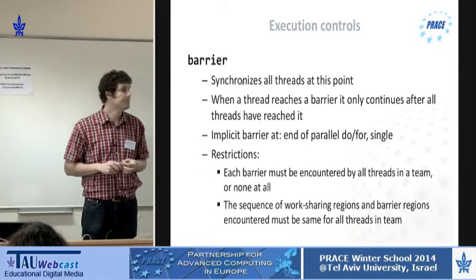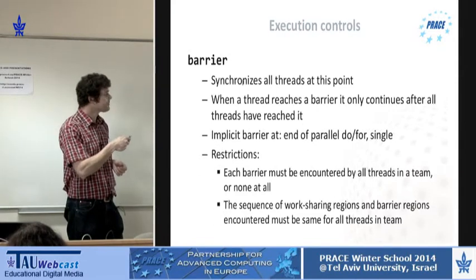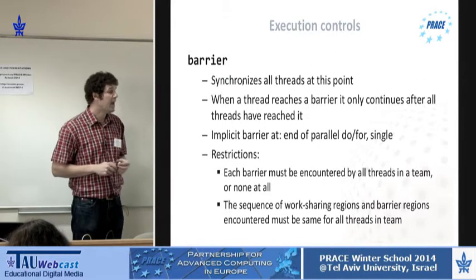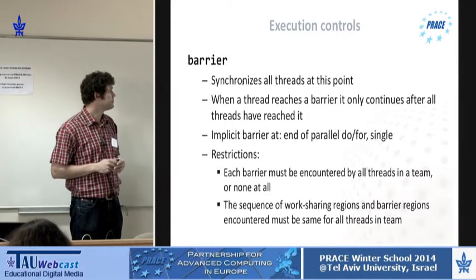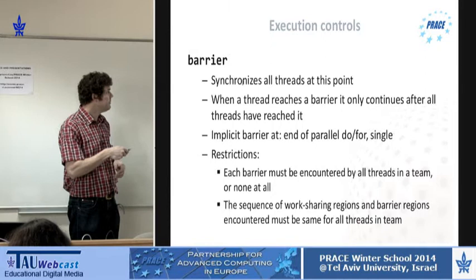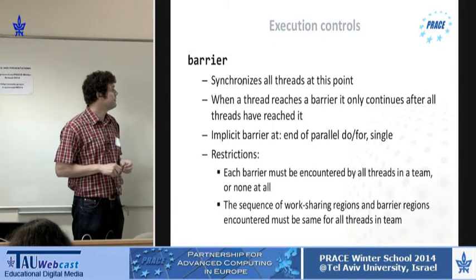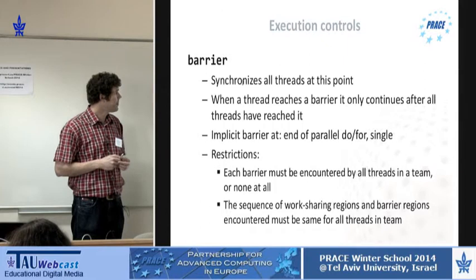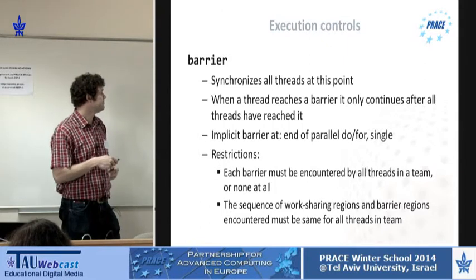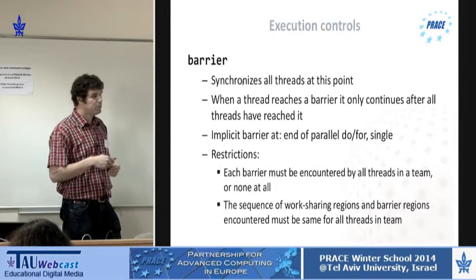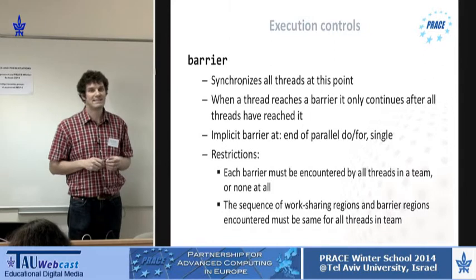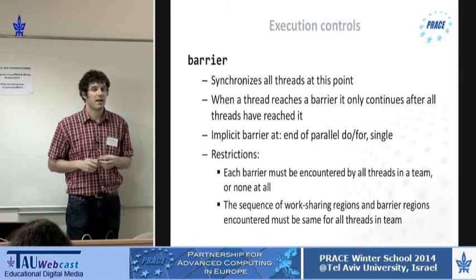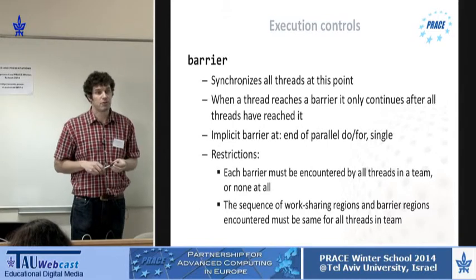In OpenMP, this means that execution continues only after all the threads have reached that point. There is an implicit barrier at the end of parallel do, and in principle this barrier cannot be inside any if statements, so there will be a deadlock if not all the threads enter the barrier.